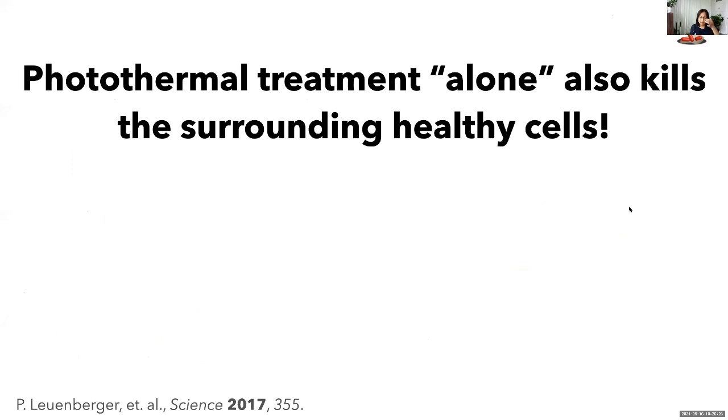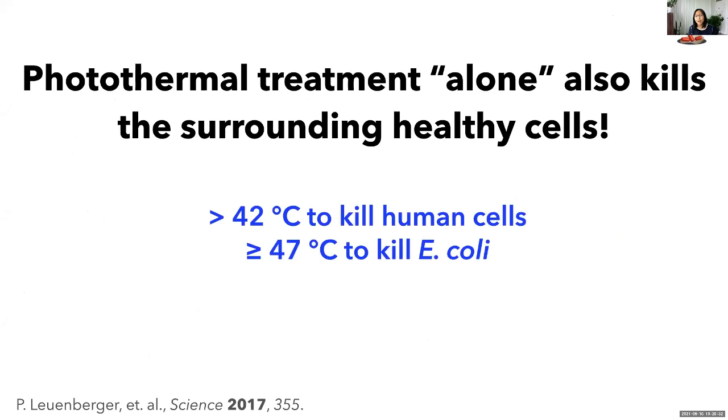In fact, I'm pretty sure many of the audience in the crowd could tell me that we have a very narrow window of opportunity when we want to do photothermal heating, as has been shown in this very nice work published in Science in 2017. It only takes upwards of 42 degrees Celsius to kill human cells, and upwards of 47 degrees Celsius to kill E. coli. So we have to make sure that we could operate in this very narrow window of opportunity.